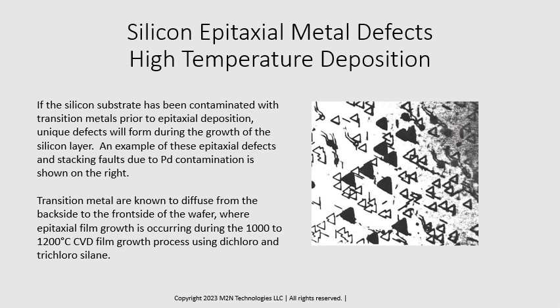This is a photograph from several years ago of some palladium-related stacking faults and defects caused by these buried transition metal runners. Of course, silicon epitaxy is done at, say, 1,000 to 1,200 degrees C with various dichlorosilane or trichlorosilane compounds. But we quickly learned that we couldn't use transition metals at these high temperatures.